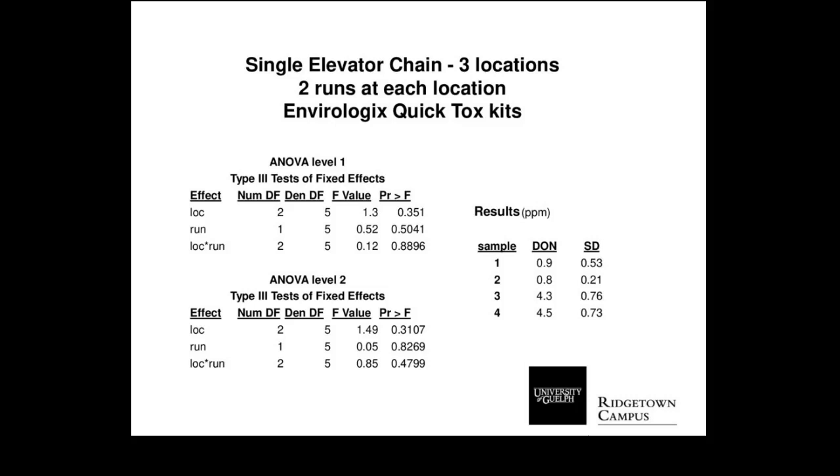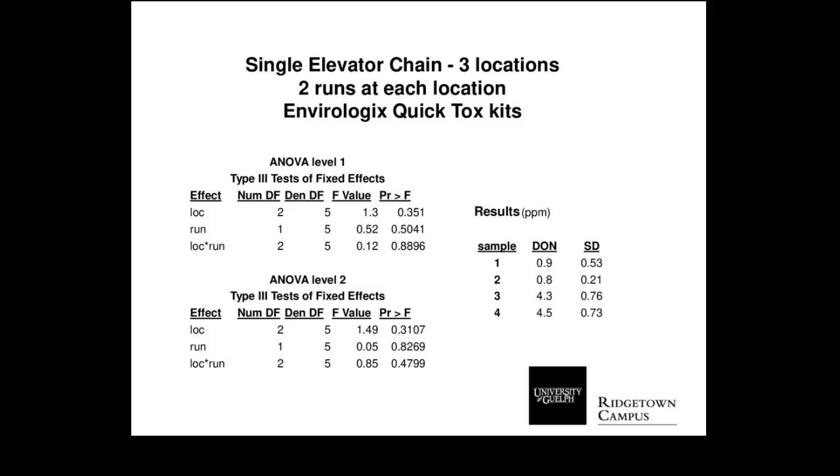And so this is a set of data that I found quite interesting. One elevator chain said, well, we want enough kits or enough check samples for 3 locations, and we want to have 2 sets for each location. And so these are the results. And so they were using 1 test kit. And in this case, it was Envirologics, the Quick Tox test kit.